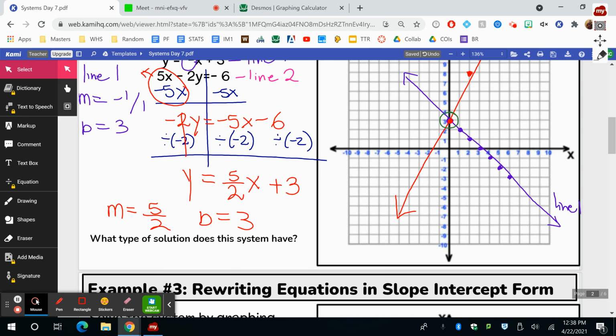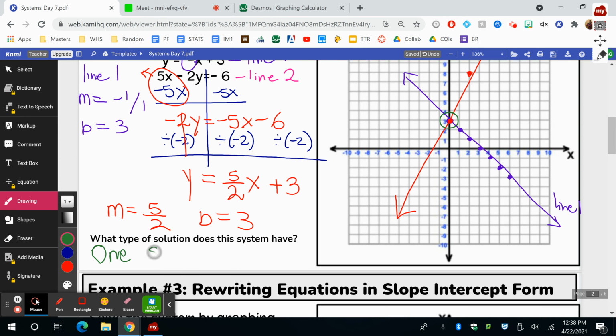Well, since they intersect, they cross each other, we say that they have one solution. And that solution is this point. At that point, the value of x is 0. The value of y is 3. Okay, so (0, 3) is my solution.